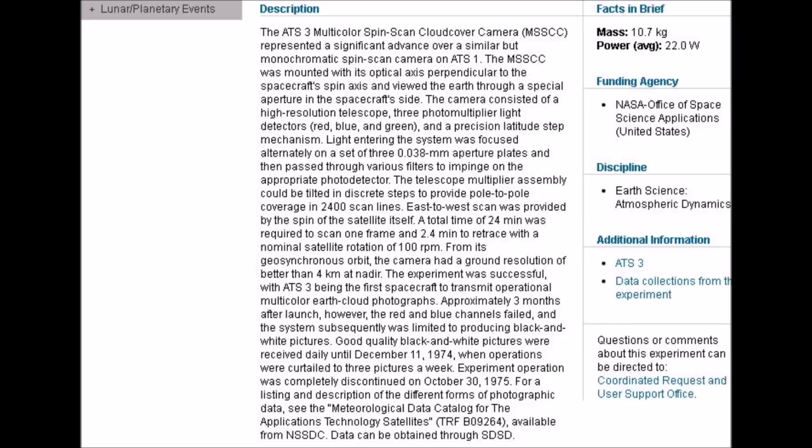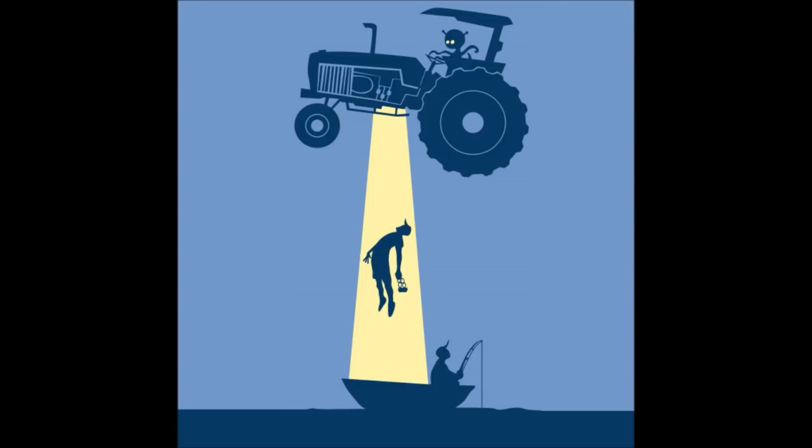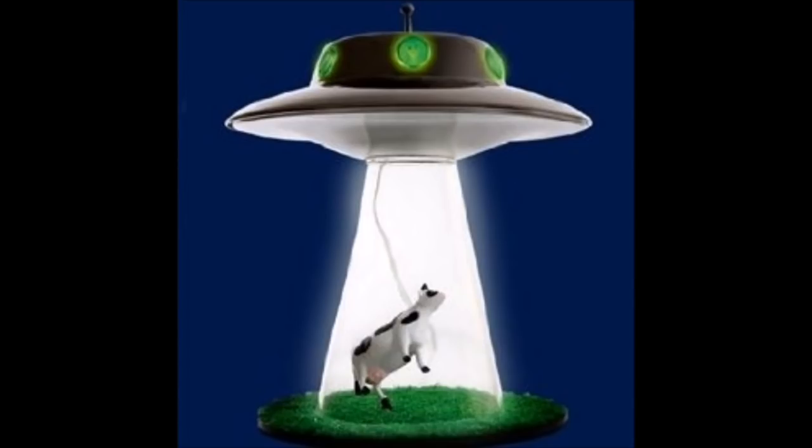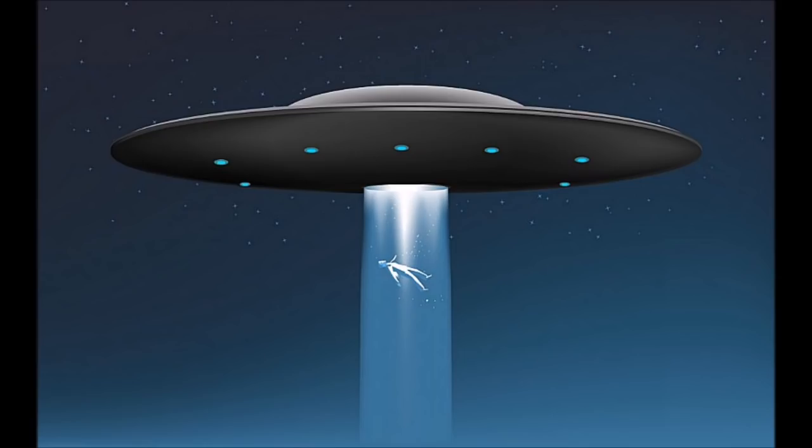At 22,000 miles, our tractor beam of gravity can stop that satellite magically, but it can't stop it from spinning, apparently. So it'll stop it at 22,000 miles, but if you spin it, it'll spin forever. That's how the tractor beam works. It has an imaginary axis out there that it just spins around magically. It is just total magic.